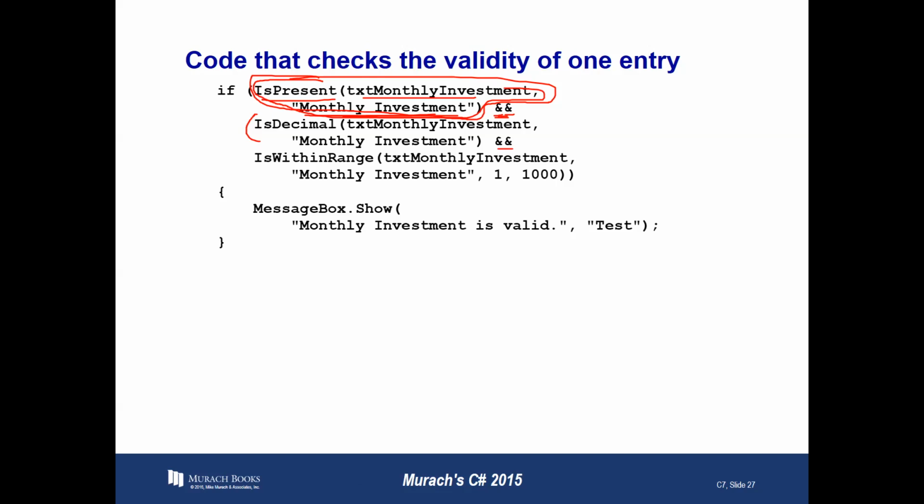If this ends up being true, then we don't know enough yet, so we've got to look at the next one, which checks to see if it's a decimal value that was entered in. It's present, in other words, it's not empty, so we can test for decimal value.